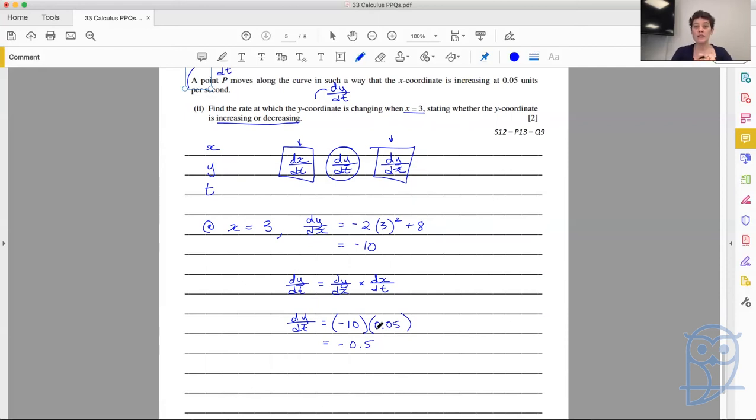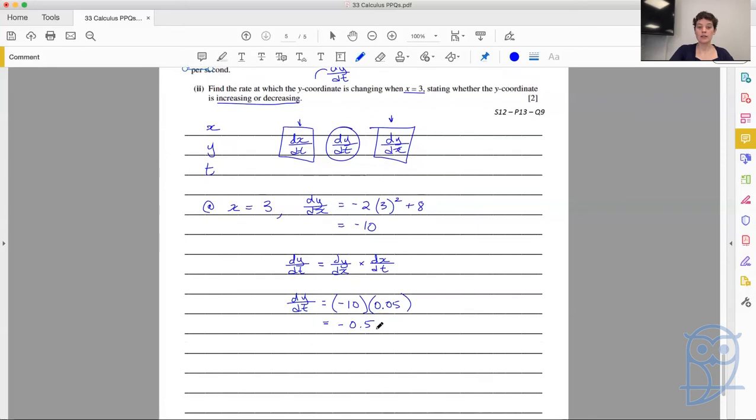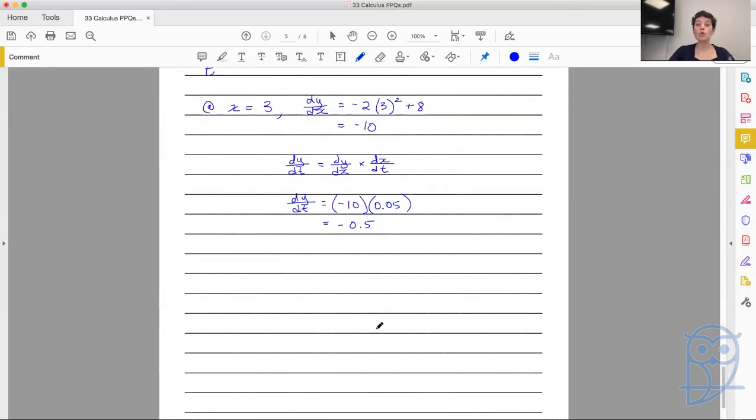So what is the rate of change, and is it increasing or decreasing? So we know the rate of change is 0.5 units per second, and it is a minus. That indicates to us that it is decreasing.